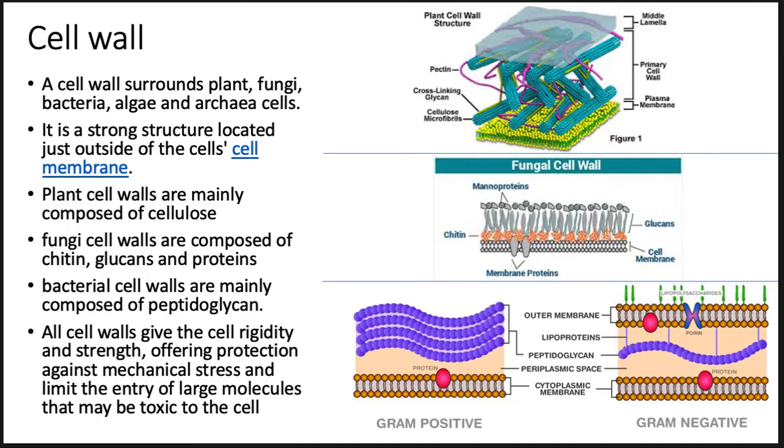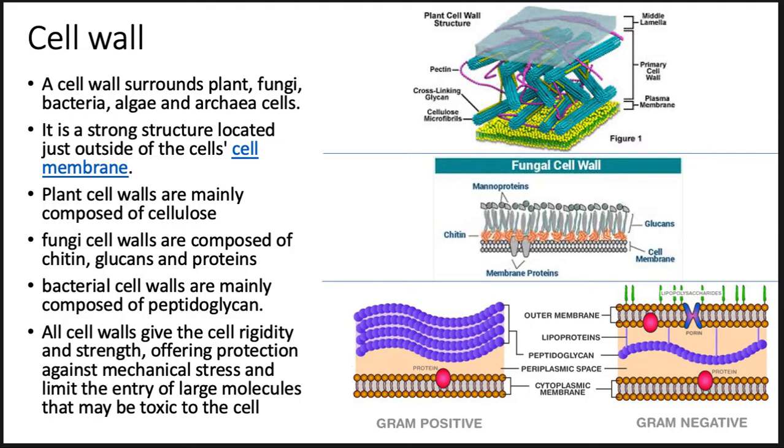On the other hand, we saw that plant cells will have cellulose, fungi cells will have chitin, and archaea cells will have their own, what we call pseudomurein. It's a different type of carbohydrate. Of course, when it comes to animals, animal cells don't have cell walls.